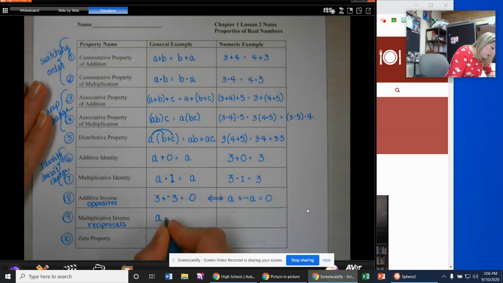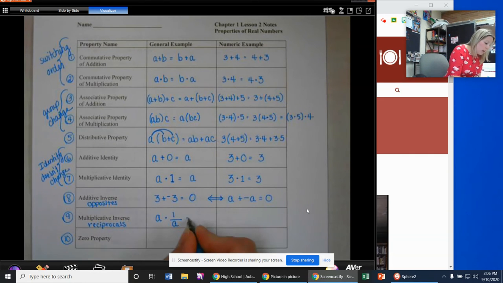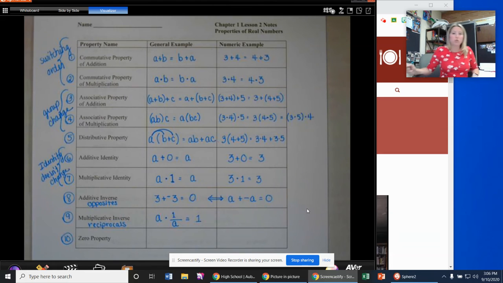A times 1 over A. I just flipped that fraction upside down. That is a reciprocal. And those actually multiply together to give me 1 again. So they multiply back together to give me 1.